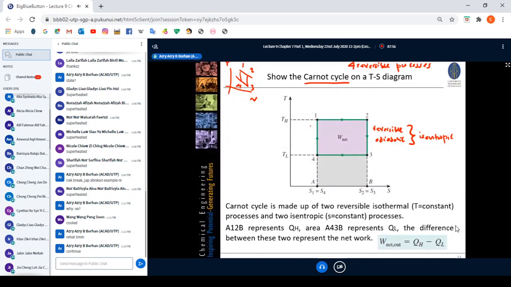Then to complete this cycle and return back to its initial state, you have the reversible adiabatic compression back to state number 1.